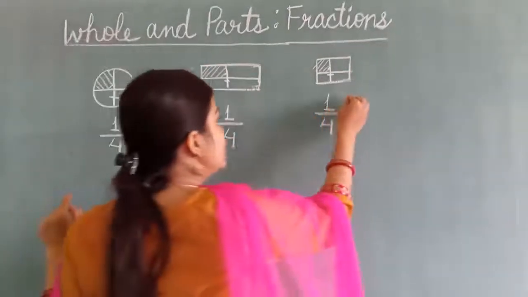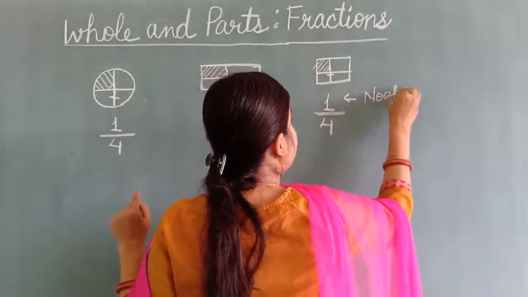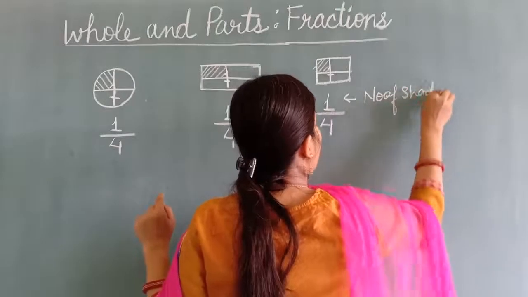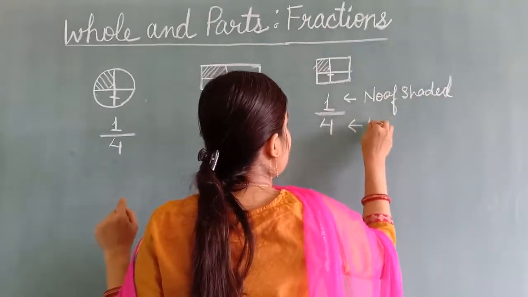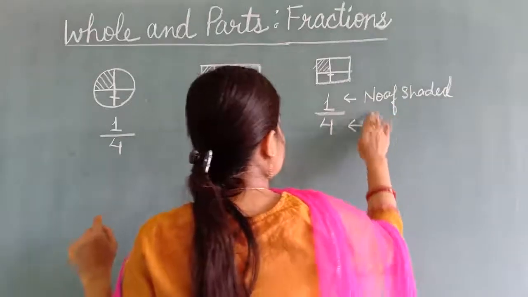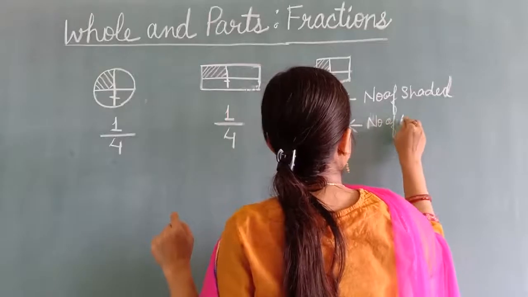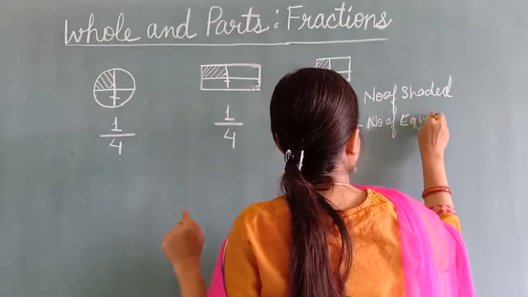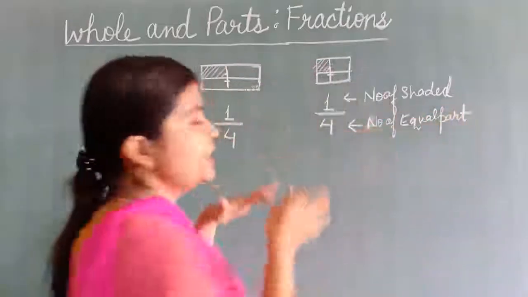So it is the number of shaded parts and it is the equal number of parts. It is the number of equal parts in which we have divided it.